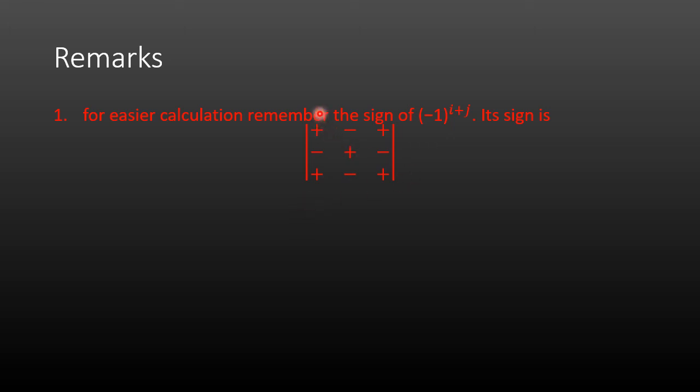If you use the first column, then plus minus plus; second column minus plus minus, and plus minus plus. So you can easily do the calculation of the determinant, student, and you will understand this very soon in the next class when we solve the examples. You will get a clear idea how to use it.